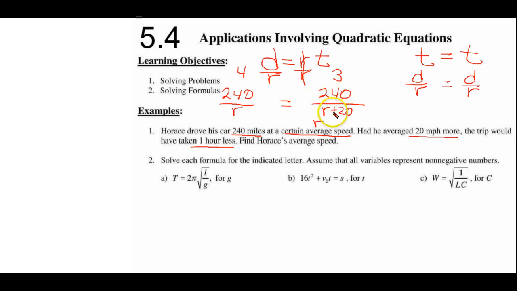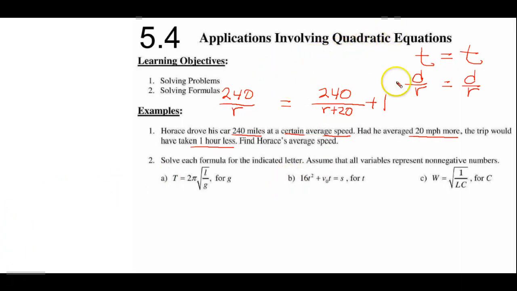Well, remember, this side took 1 hour less. That's what made it 3 hours. So to make 4 hours equal 4 hours, we have to add 1 hour of time there.